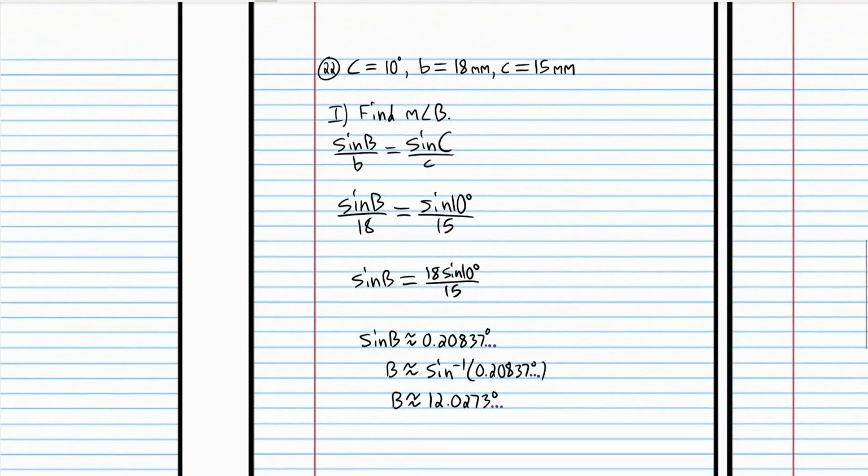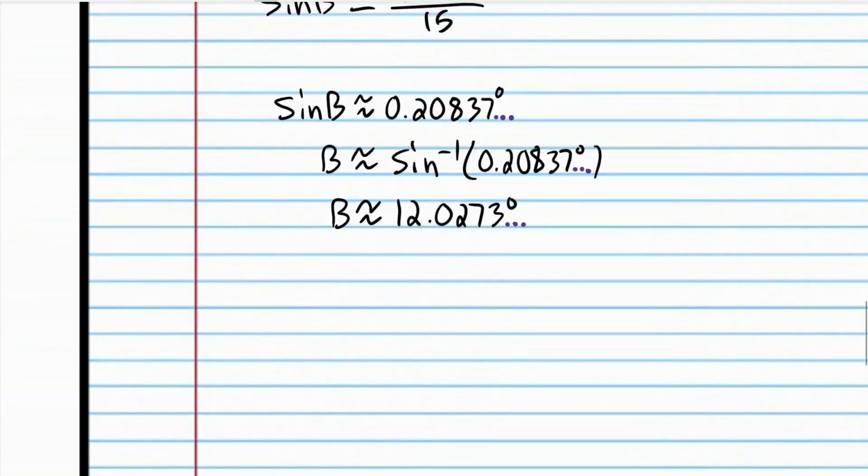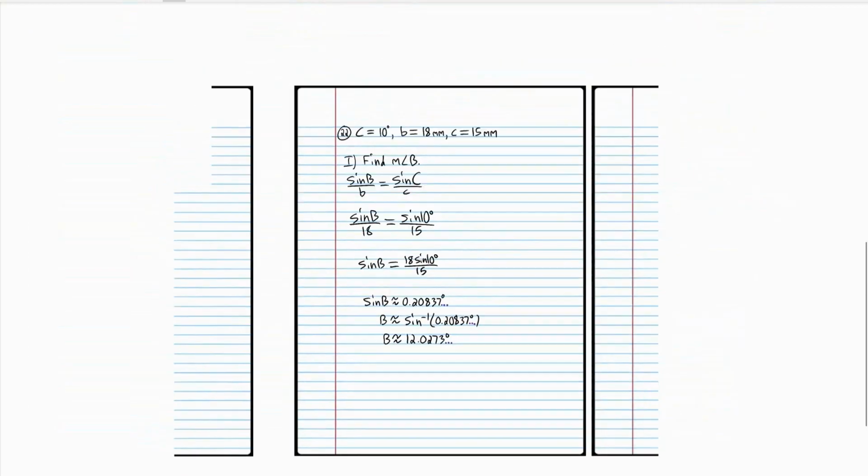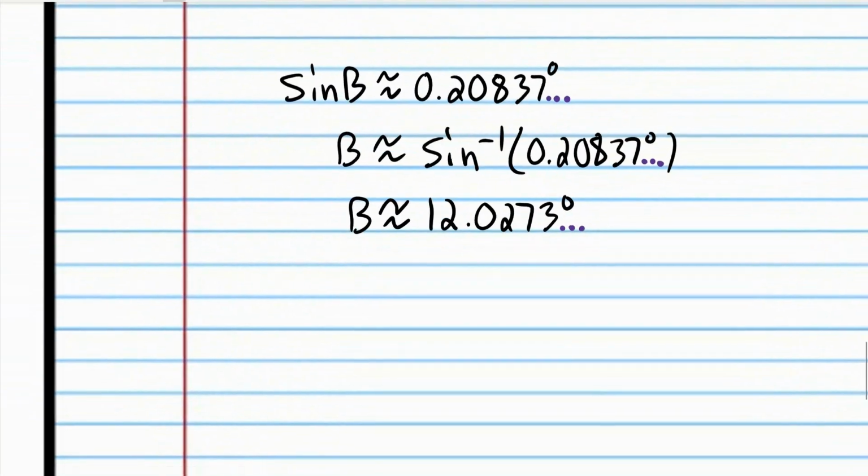So now we want to know if this number works with this angle here, and if you add those up, you get a number that's much less than 180. So we know that this works.